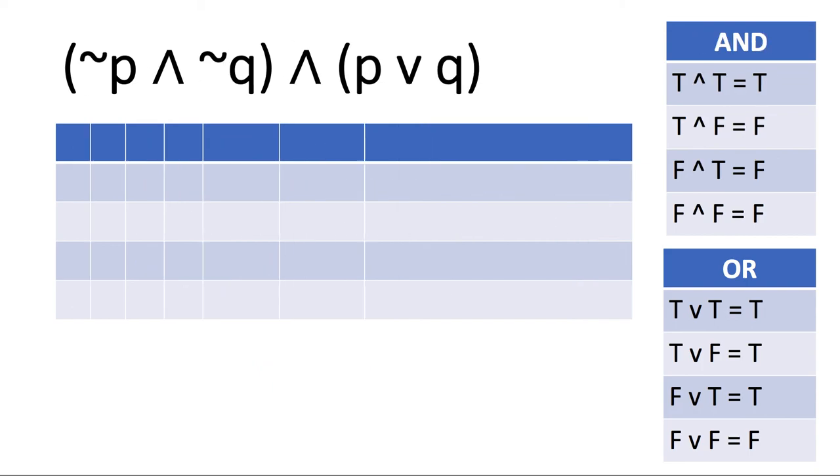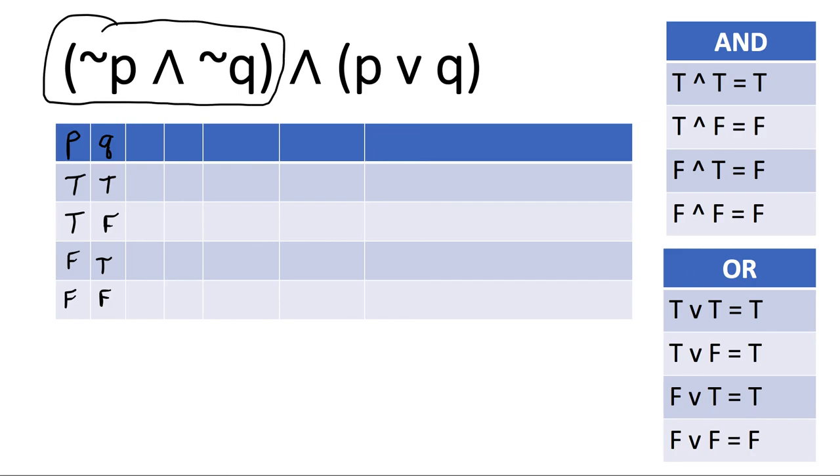So on this example, again, we see that we have a compound statement that only has P's and Q's. So I'm going to go ahead and set up my truth table with my P and my Q column. Remember, the P column always has 2 trues and 2 falses. The Q column always alternates true, false, true, false. Then my first goal is to build the left side of the compound statement.